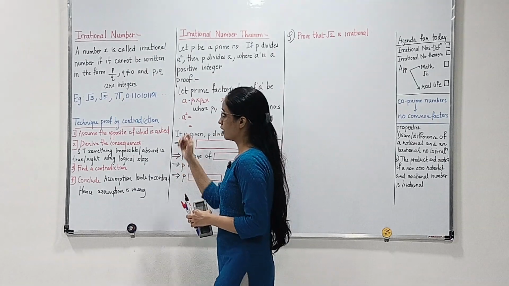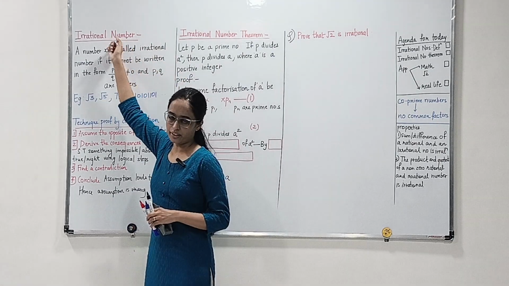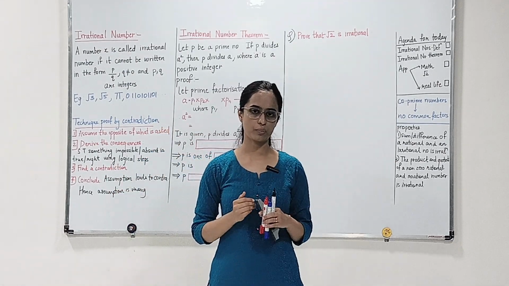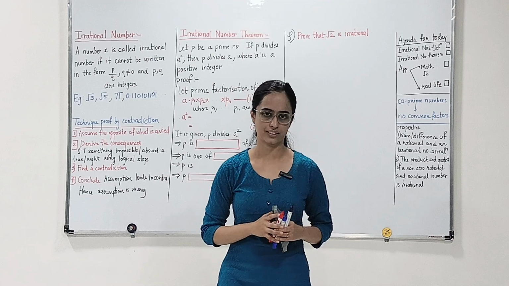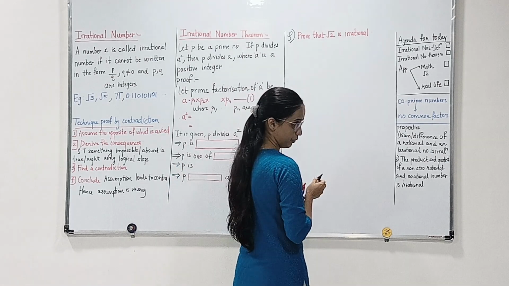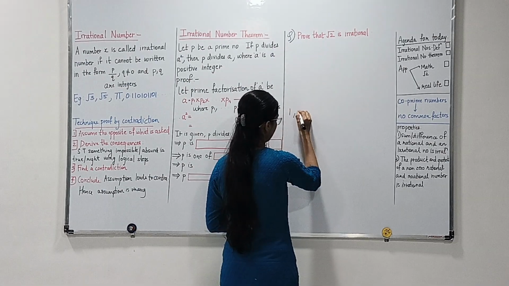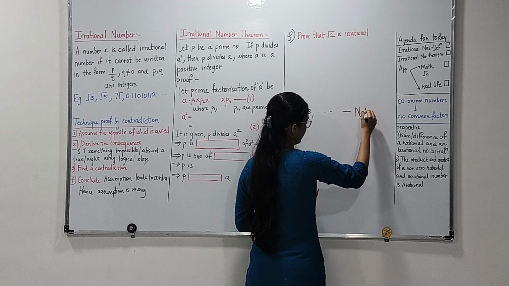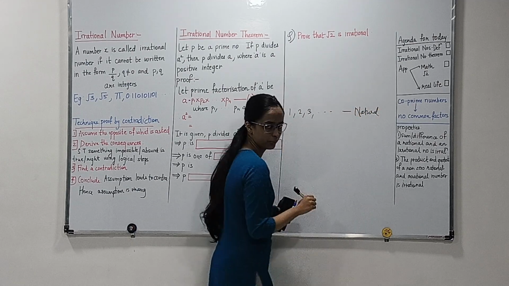The first part is knowing about the definition of an irrational number. Before moving on to the definition, I would want to brief you about the number system that exists. We all know that the set of numbers from 1, 2, 3 and so on is nothing but the natural numbers.